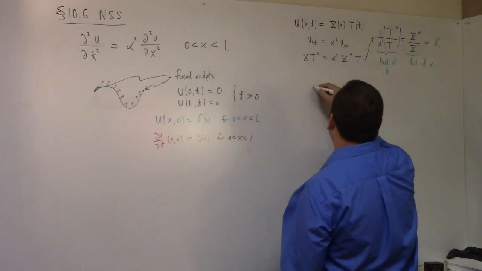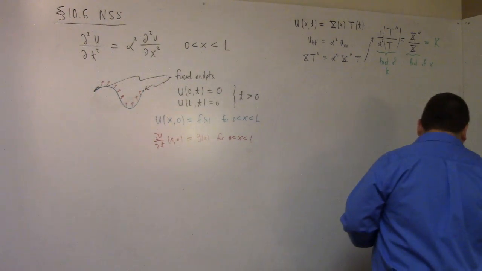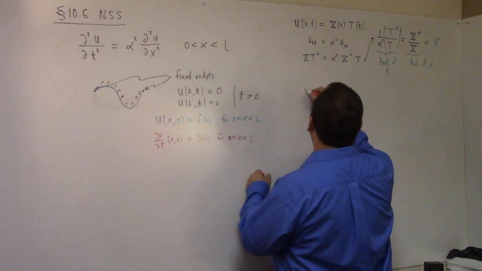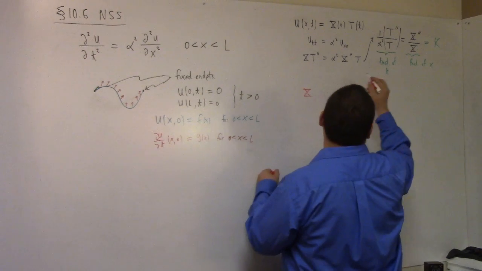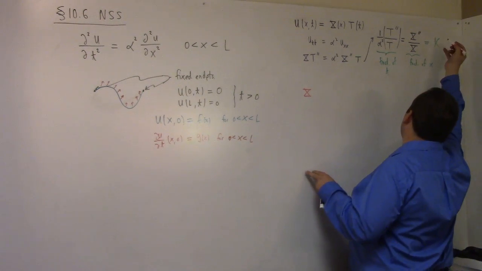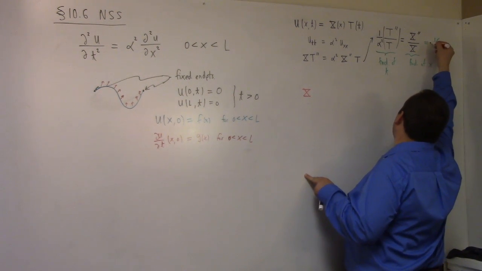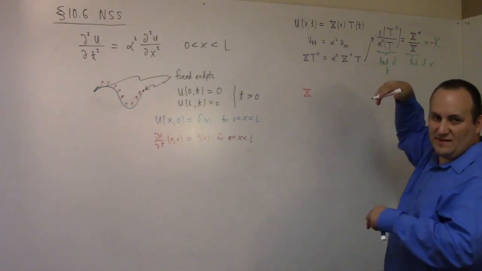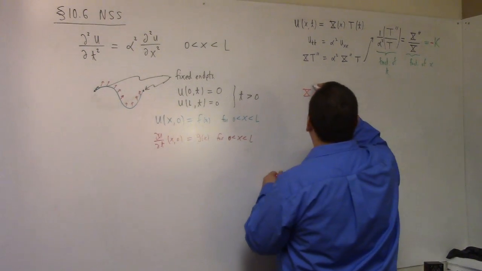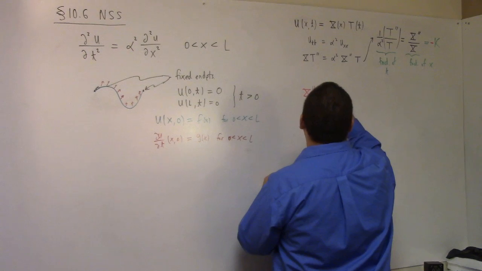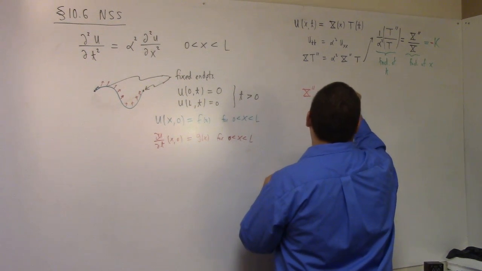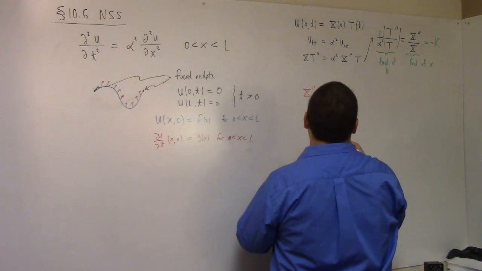In particular, what do we gotta solve? We gotta solve x prime prime. I think it's better, for reasons you can see in a second, to make that a minus k, so x prime prime plus kx equals 0, right?